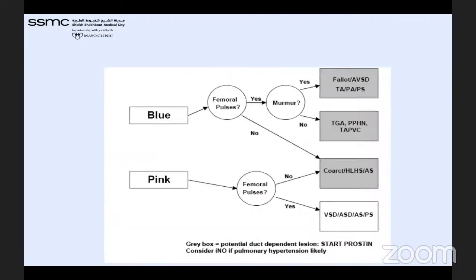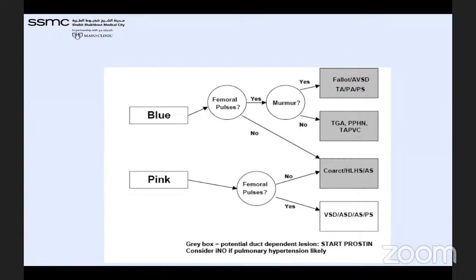Now, this is very important for our colleagues to know. Again, it is simplified. You have a blue baby, you have a pink baby. Check for femoral pulses. If yes, check for murmur. If yes, it can be cyanotic heart disease. If no, it can be acyanotic heart disease. If femoral pulses are not present, then it can be coarctation. But why this diagram is important is because if it is in the gray, then you should think of starting prostaglandin right away.